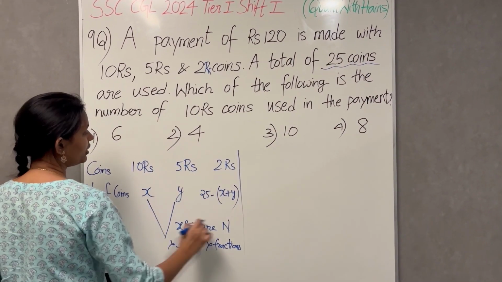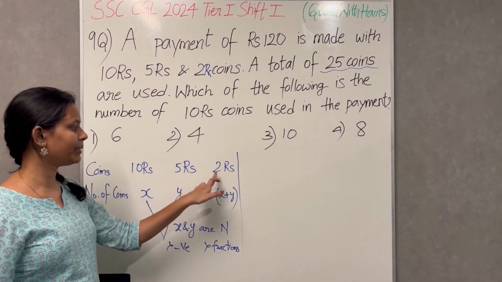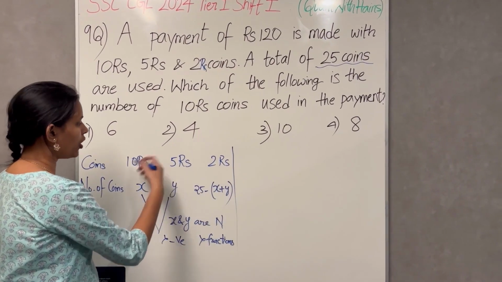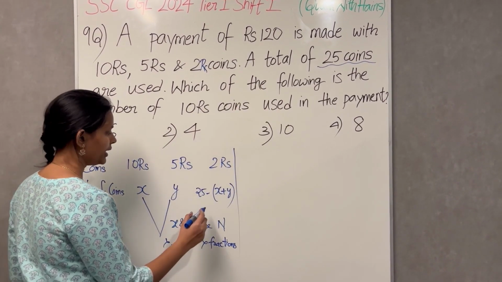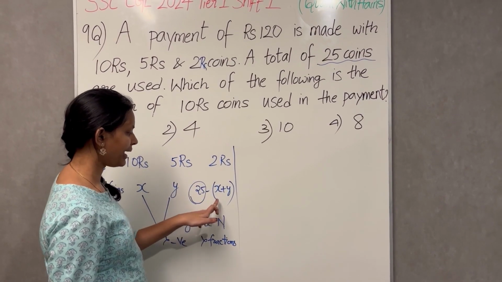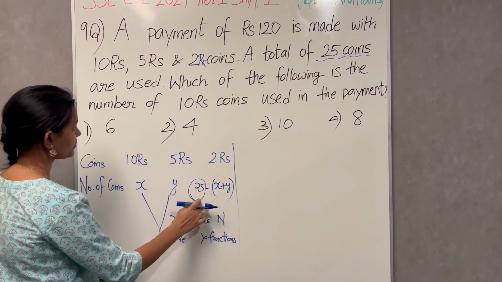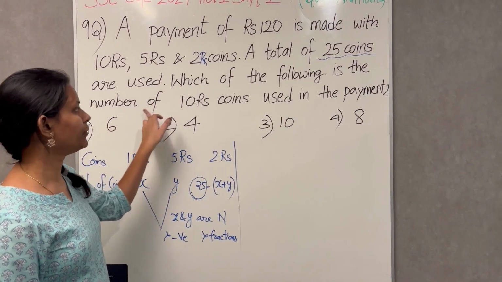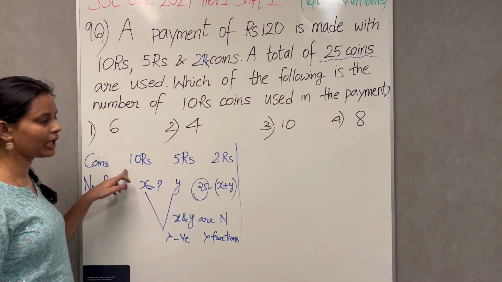Means overall coins X plus Y plus the 2 rupees coins, if we count all those, that should be 25. So that's why we have written 25 minus (X plus Y). That is the remaining 2 rupees coins. Which of the following is the number of 10 rupees coins used in the payment means they are asking the X value. How many 10 rupees coins are there?